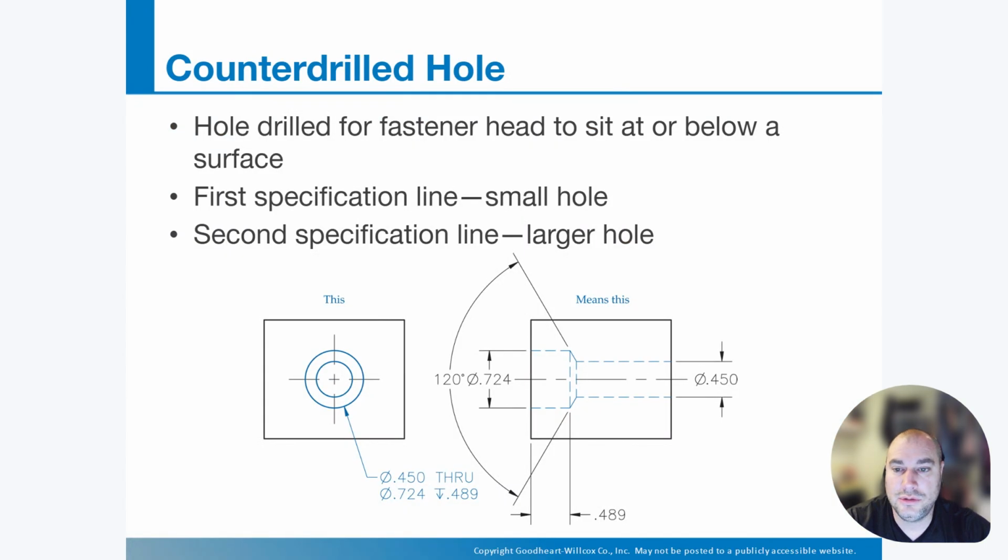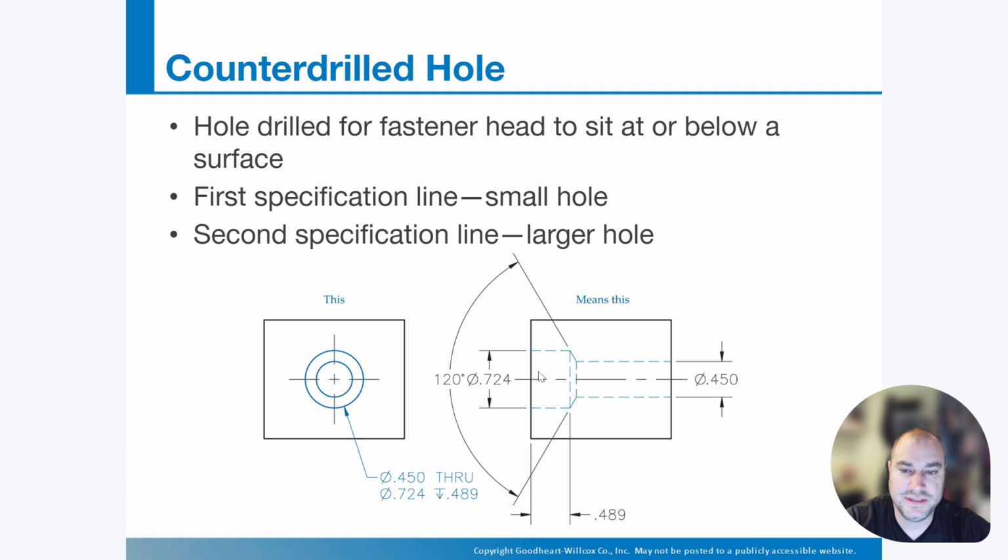Counter drilled hole: drilled for fastener head to sit at or below a surface. First specification line, a small hole. Second specification line, a larger hole. Right. So for 0.450 through, 0.74 specified depth is 0.489.